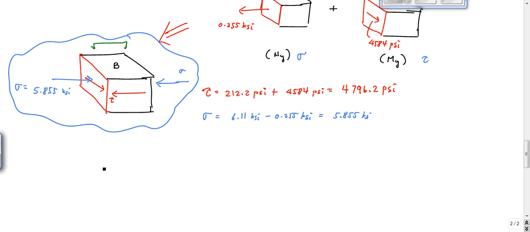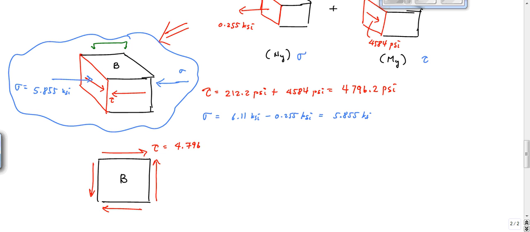Then I would see here on point B, same place where that letter is, on all sides, tau equal to 0.796 KSI with compression here of sigma equal to 5.855 KSI. Wow. Yeah, that's it right here.